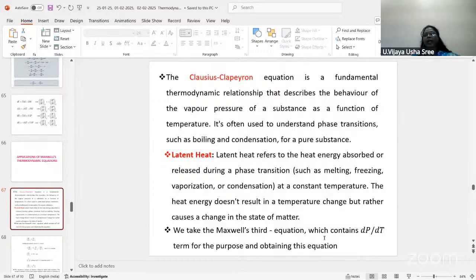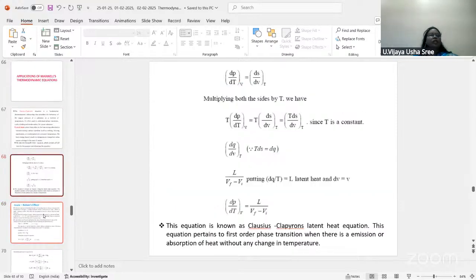In Maxwell's third relation, P is the pressure and T is the temperature. Let us see how we derive this third relation of Maxwell: (dP/dT) at constant V is equal to (dS/dV) at constant T.